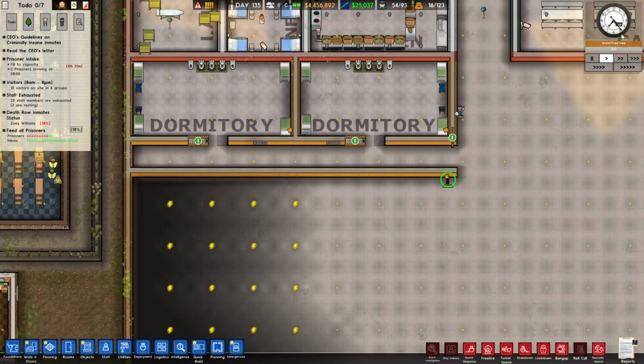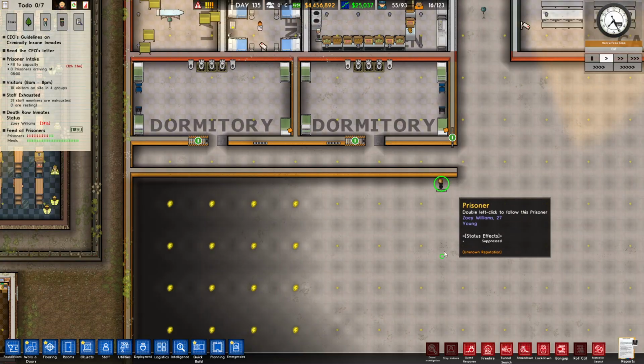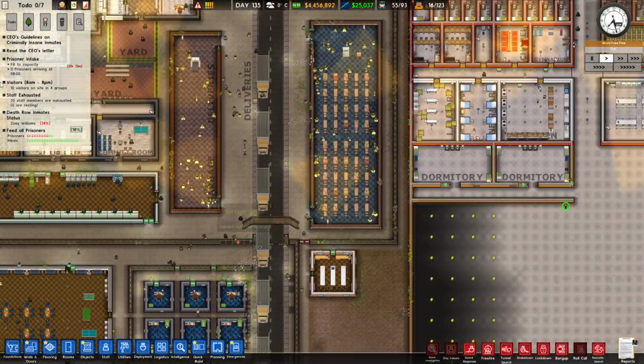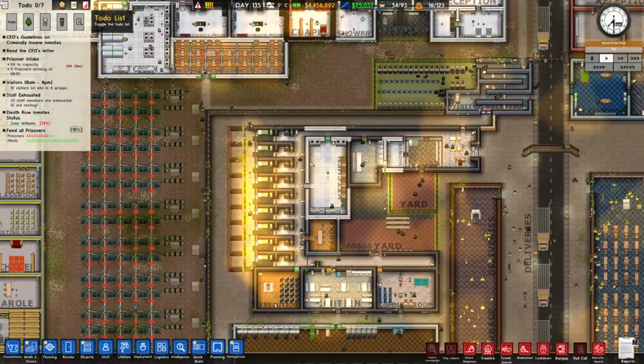We can't transfer them. They shouldn't have come over here. They should have gone over there. So now I'm kind of stuck.